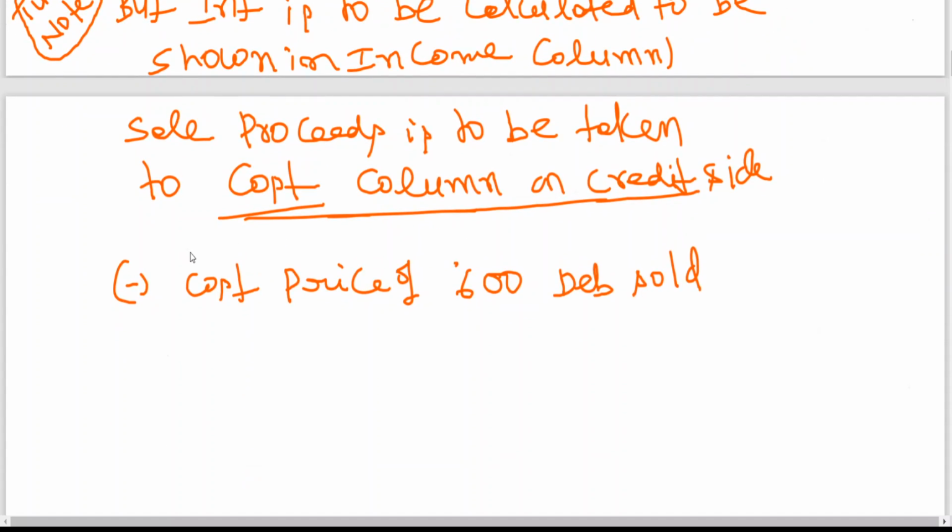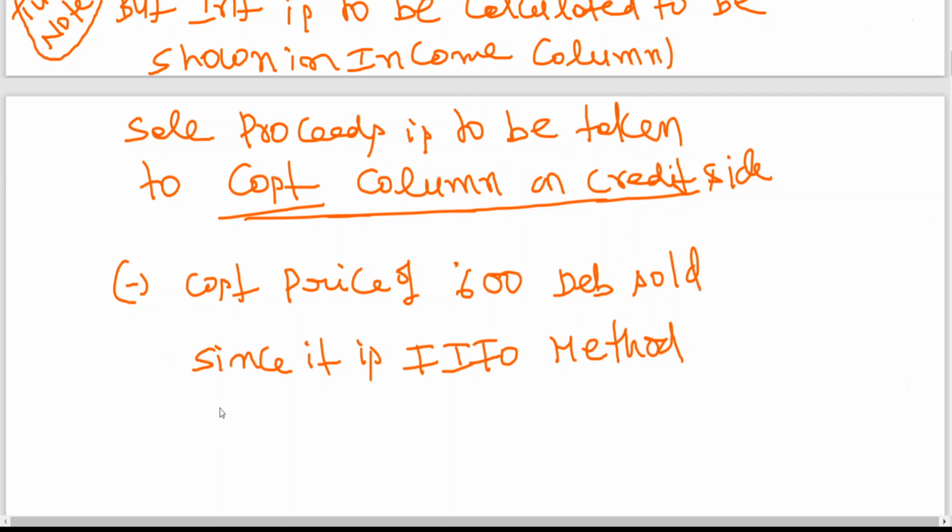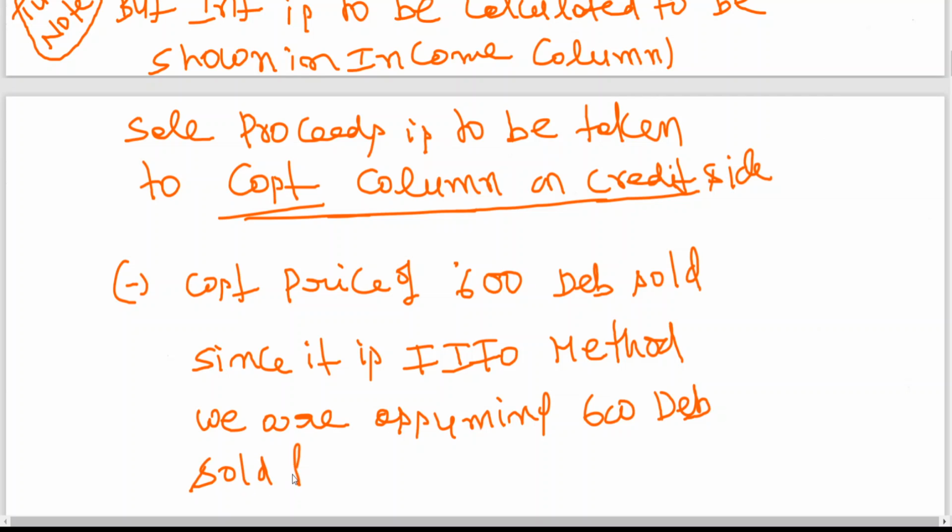So here, since it is FIFO, I am giving a detailed explanation. Since it is the FIFO method, we are assuming 600 debentures sold from the opening balance of 1000 debentures.